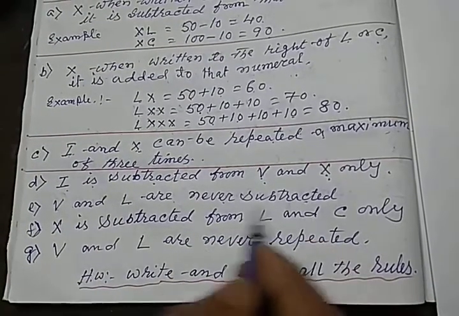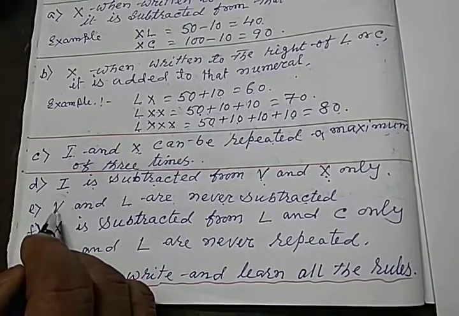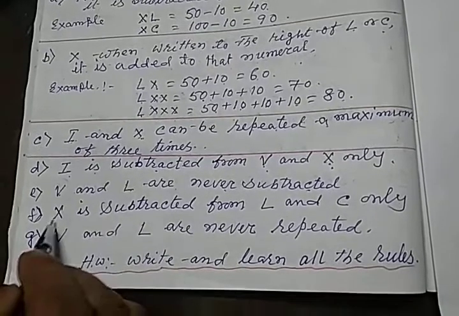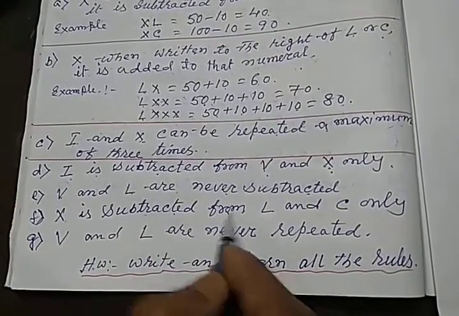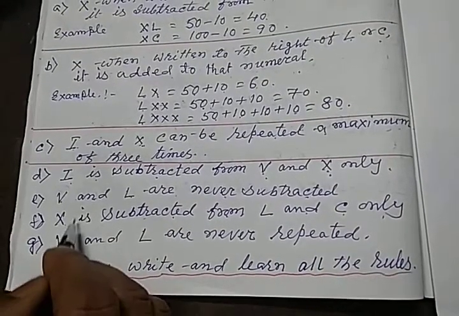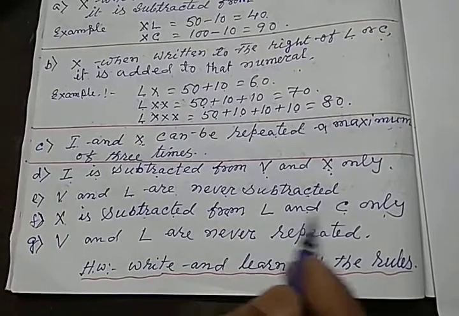That means from any number you cannot subtract V and L. Rule number F: X is subtracted from L and C only. That means you can subtract X only from L and C.